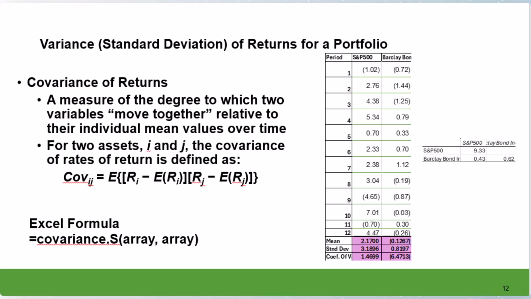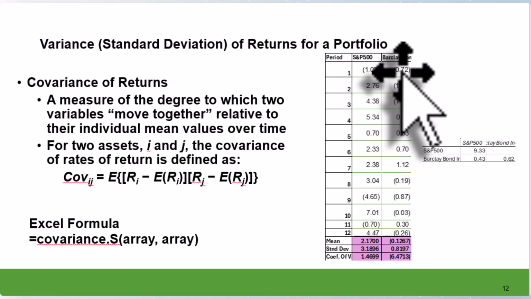So covariance is just a measure of the degree of how two assets move together relative to their individual mean values. So we see our formula here, COVARIANCE.S, because we're using a sample. If you see here, I have 12 months of data for the S&P 500 and for the Barclays Bond Fund Index.